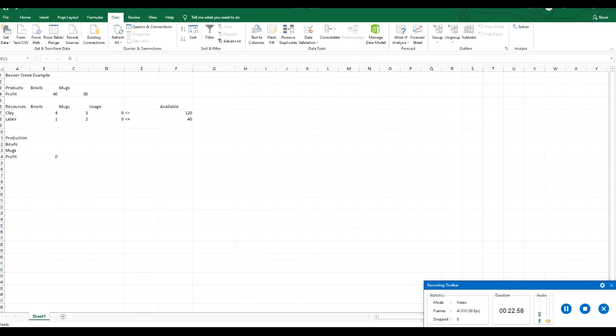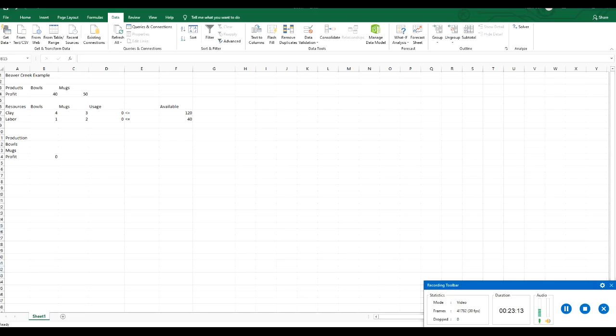But we haven't yet computed, using the solver program, what our actual number of bowls and mugs should be. Before we do that, though, we're going to do one more thing.